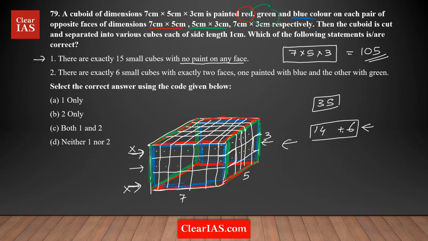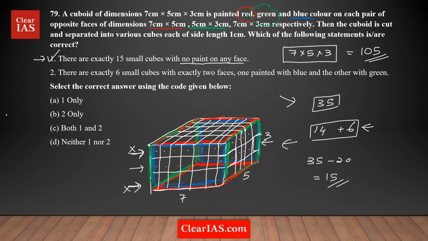So the number of cubes that are not painted is 35 minus 20, which gives you 15, which is actually true. So statement 1 is true here. This is one way you can solve it: you figure out visually which cubes are not visible to us.